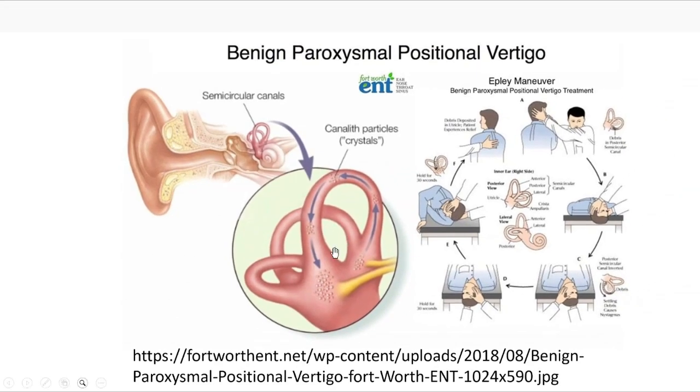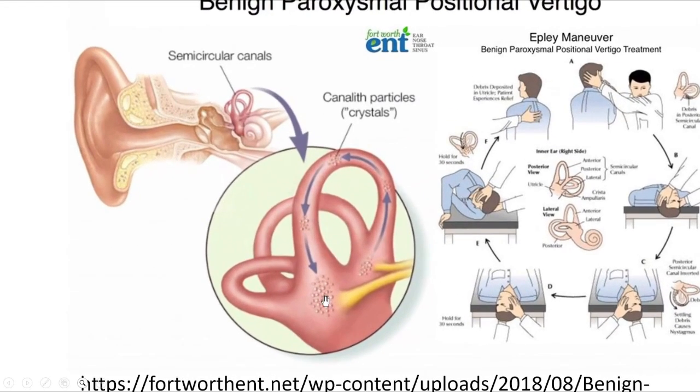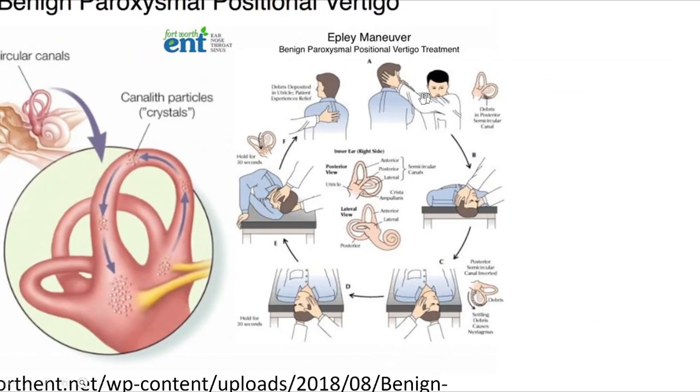And he also studied the deposition of these canalith particles or crystals in the semicircular canals, which causes the discomfort experienced by a person having benign paroxysmal positional vertigo. And we also discussed the Epley maneuver.